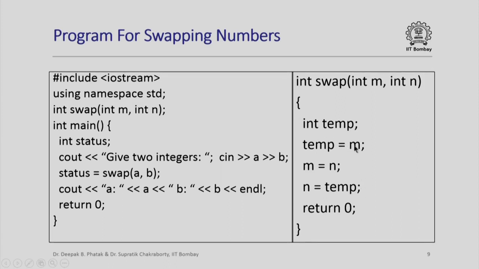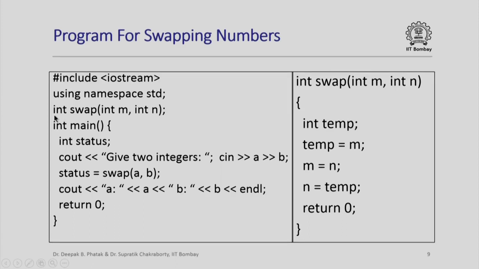It stores the value of one of its arguments in a temporary variable, copies the value of the other argument to the first argument, and then copies the value of the temporary variable to its second argument. If you go through this, you will realize that the values of m and n are swapped, and in this case the swap function also returns the value 0 because we declared swap to have a return value of type int.